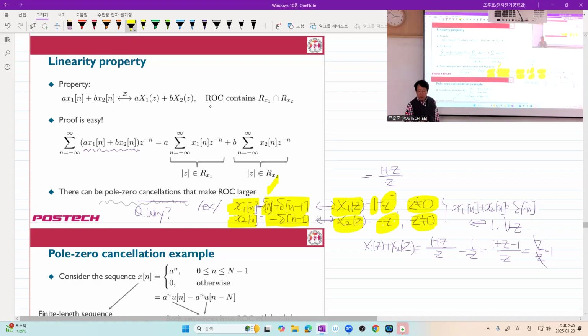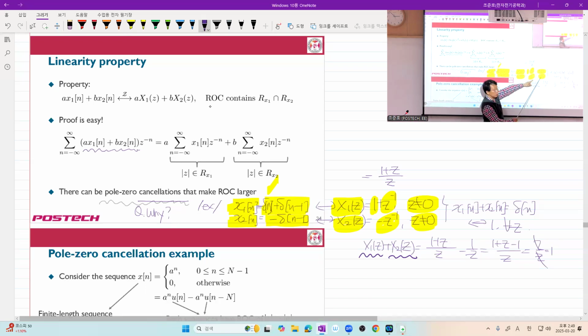And why does this happen? Let's see. Suppose you consider the summation of two expressions. The first one is 1 plus z inverse, and the second one is negative z inverse.